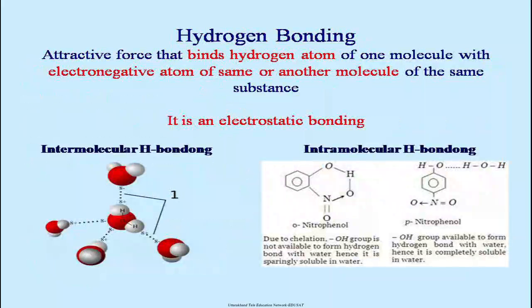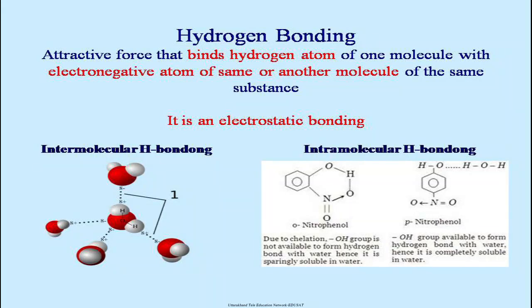The next type of bonding we are going to discuss is the weak interaction in the form of hydrogen bonding. What is hydrogen bonding? It is an attractive force that binds the hydrogen atom of one molecule with an electronegative atom of the same or another molecule.